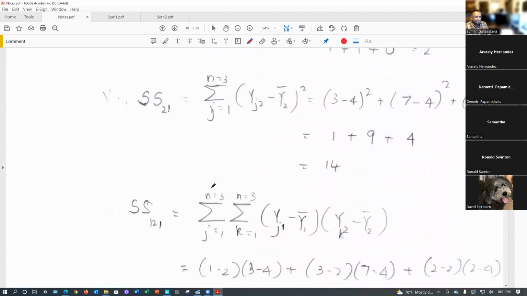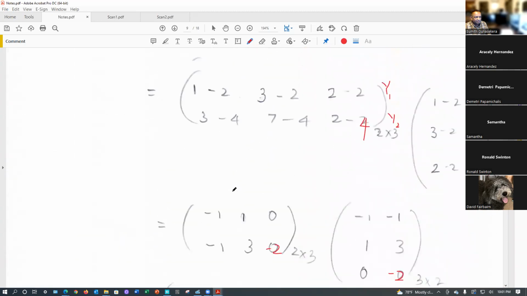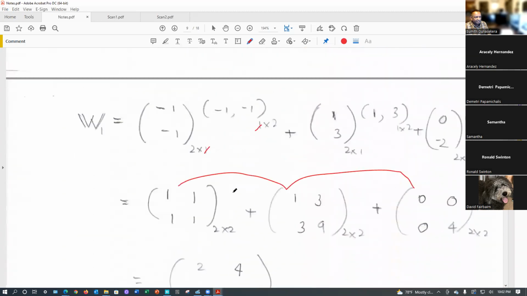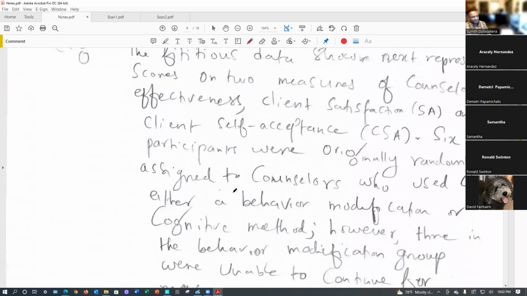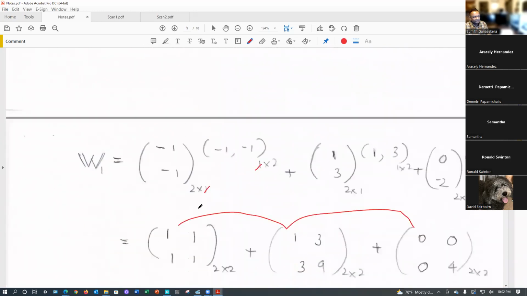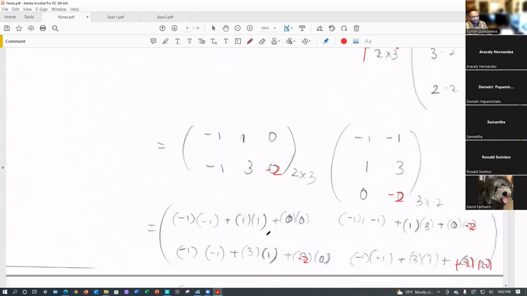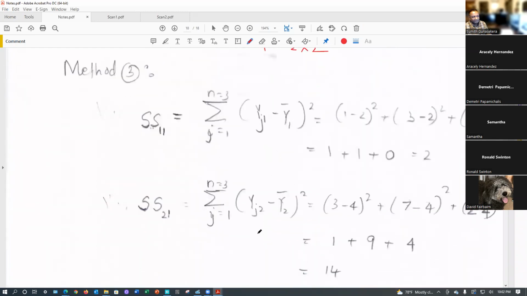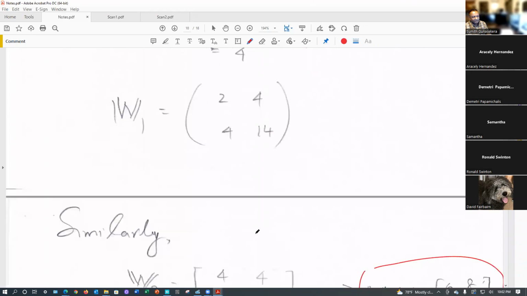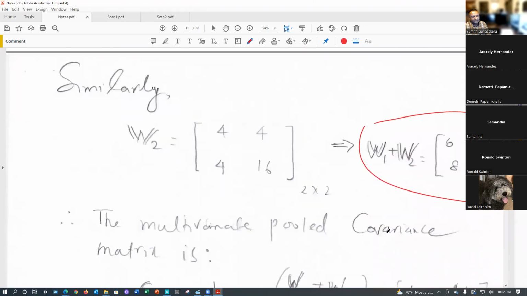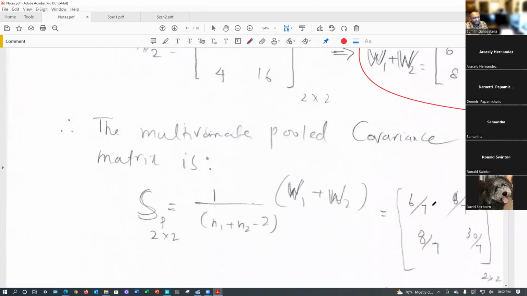But in the multivariate approach, we built up these pieces. When we built up those pieces, we have several methods to get the variance-covariance matrix for each group. Later on, with the aid of that one, we built up this part, the pooled covariance variance for both of them.